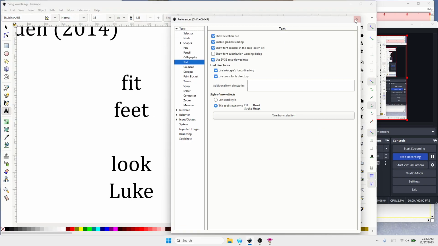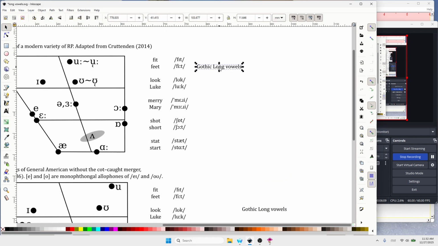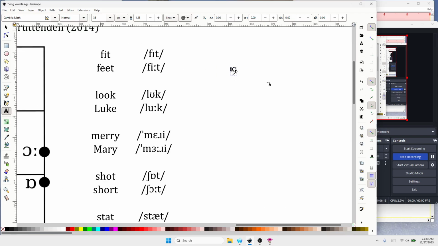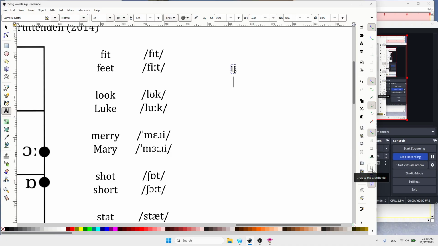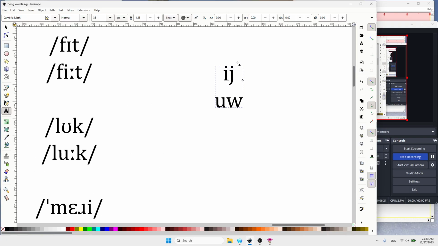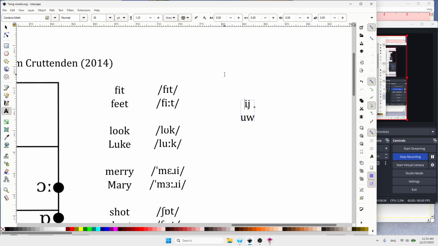In most dialects, it's more like a diphthong. I'm exaggerating it here, but it's e-ooh, and if that just sounds normal to you, it's because I'm just saying it normally.